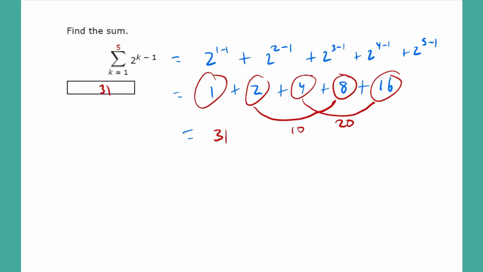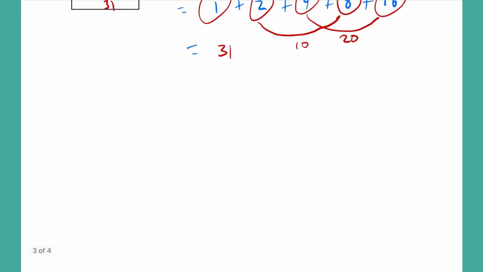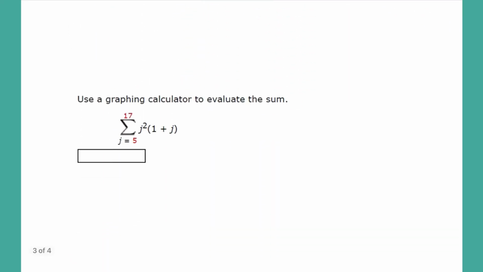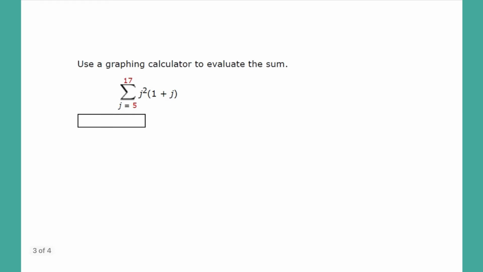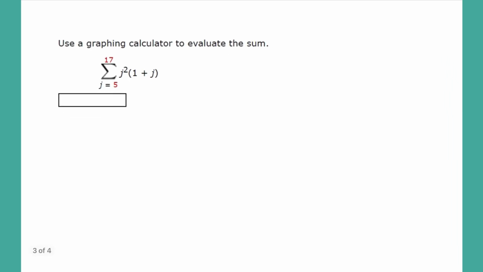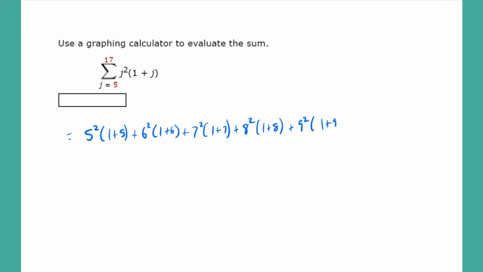All right, next one they want us to use a graphing calculator, but we don't need to do that. Not everybody has one, so we can just do this by hand. Same exact thing. Plug in 5 and end at 17. So if you start with 5, you're going to get 5 squared, 1 plus 5. The next one will be 6 squared, 1 plus 6, so on and so on. So this will be a little tedious, but it's not hard. It's just tedious work.